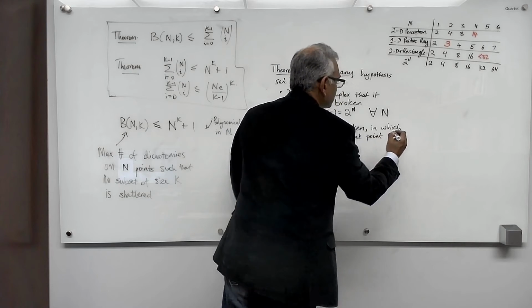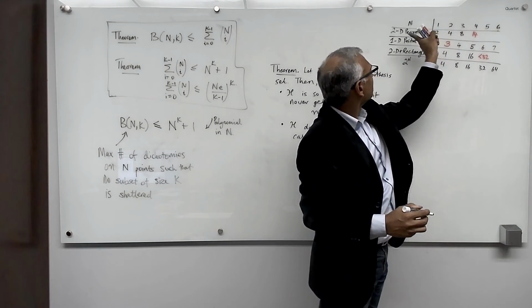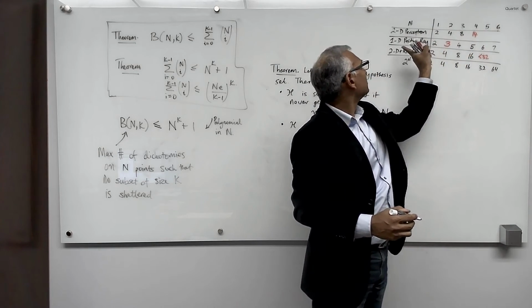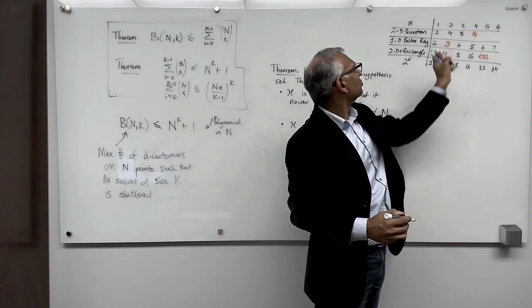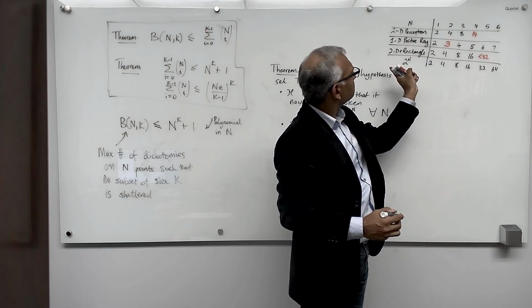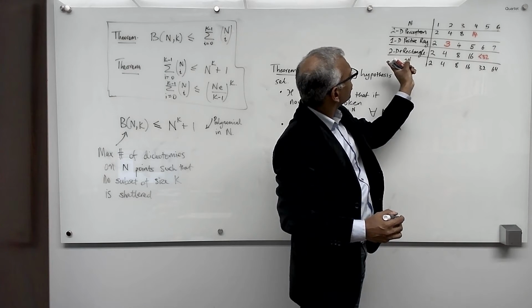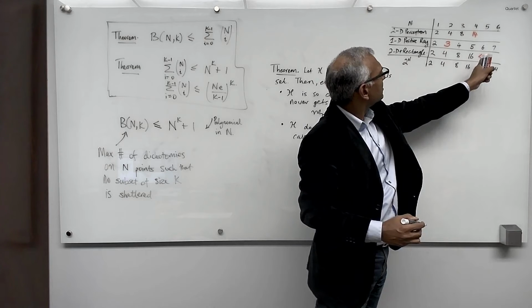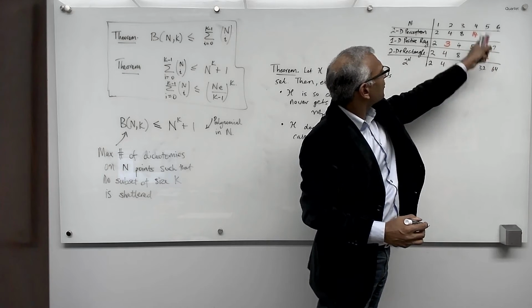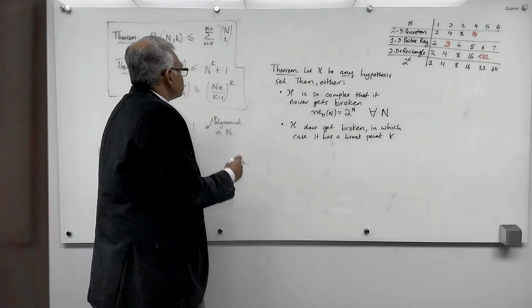Let's call it k. For example, the 2D perceptron has a breakpoint 4. The 1D positive ray has a breakpoint 2. And the 2D rectangle has a breakpoint of 5.